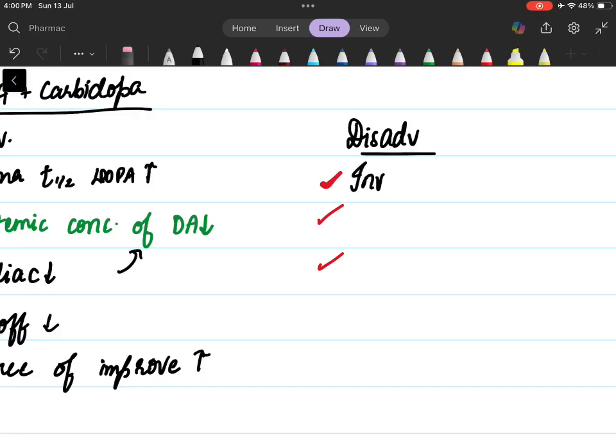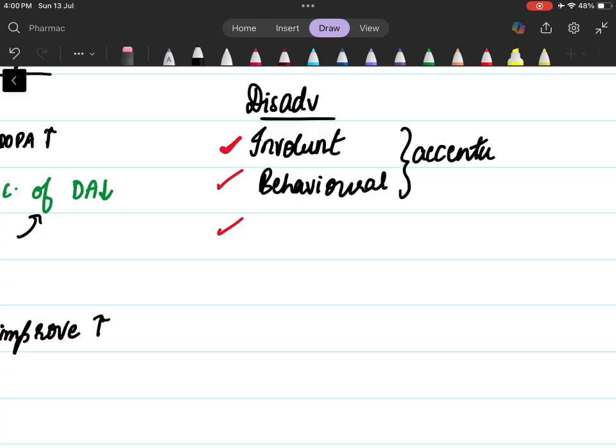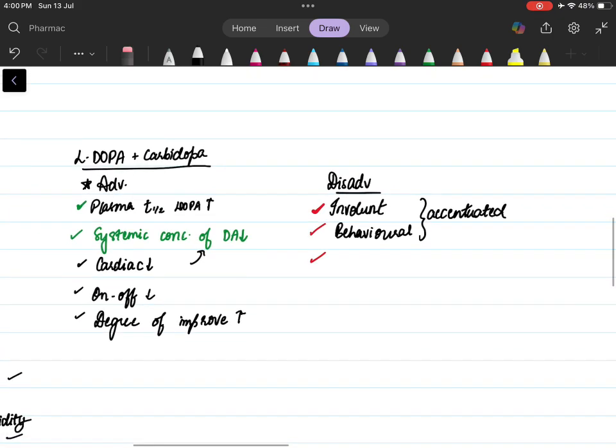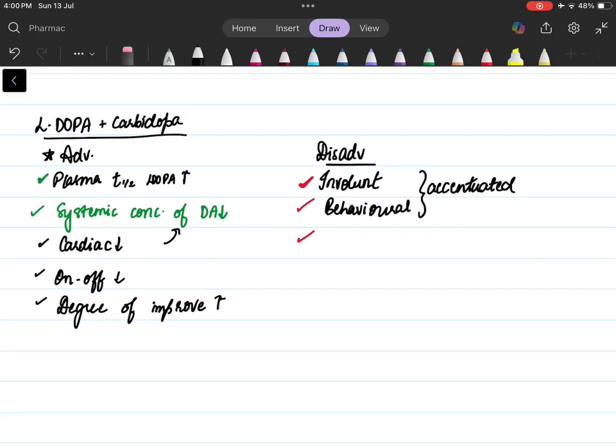You remember the involuntary movements like tardive dyskinesias, then the behavioral abnormalities. These two are actually accentuated in the presence of carbidopa, which means the involuntary movements get worse and the behavioral abnormalities also worsen when the combination is used.